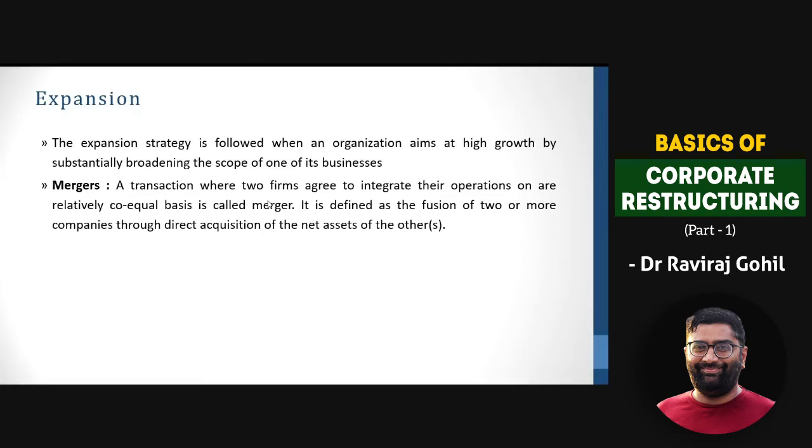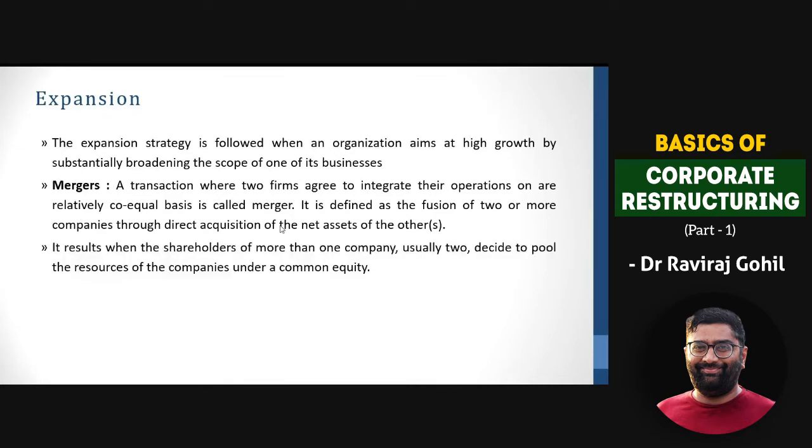It results when the shareholders of more than one company, usually two, decide to pool the resources of the company under a common equity. So there is company A shareholders and there is company B shareholders, and they agree to pool their resources together in a new entity called AB.